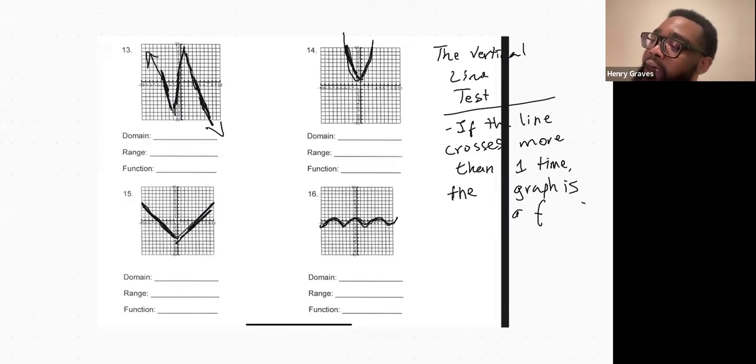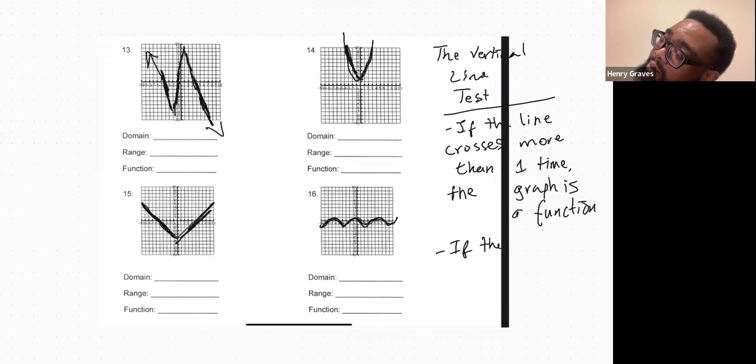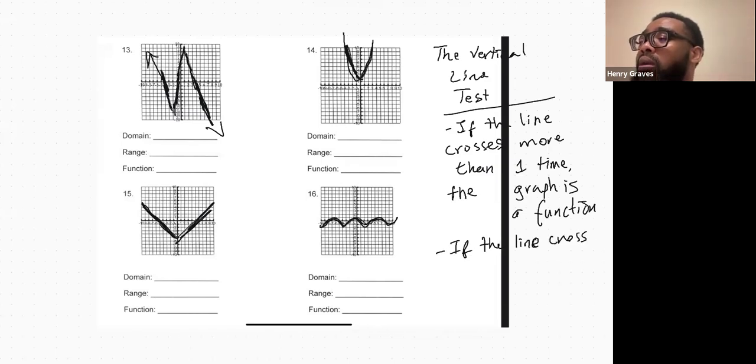And then the other one here, if the line crosses more than one time, it is not a function. Okay, fix that there.